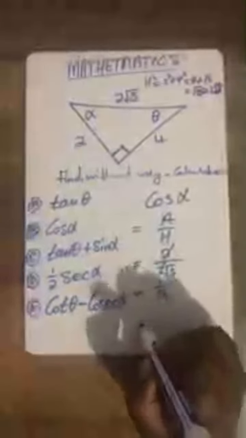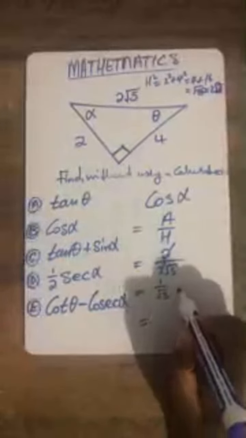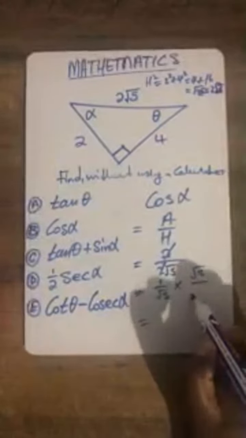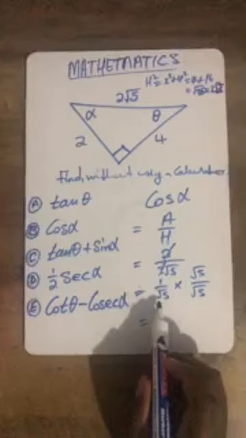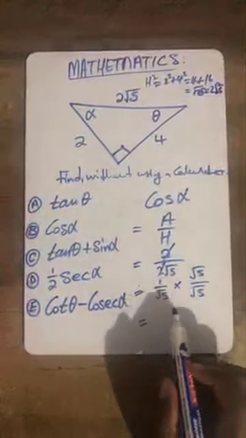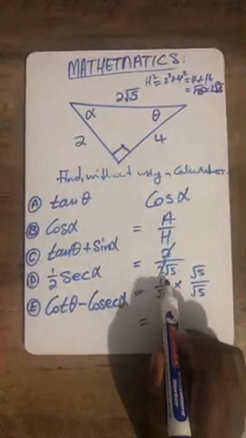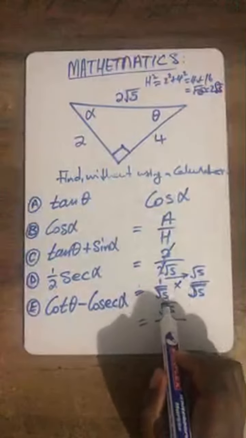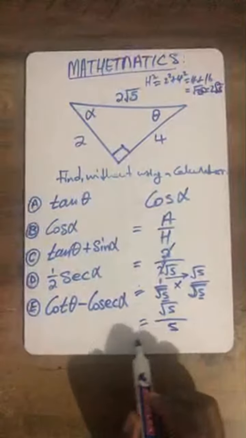We already have 1 over the root of that. So you basically multiply that by that over that. Whatever square root you have there, you multiply by that over that. So it makes the multiplier square root of 5, and this square root removes that square root, and you just remain with what is inside, which is 5.